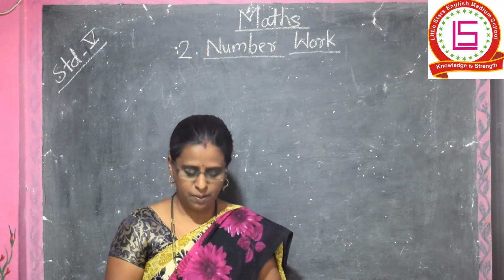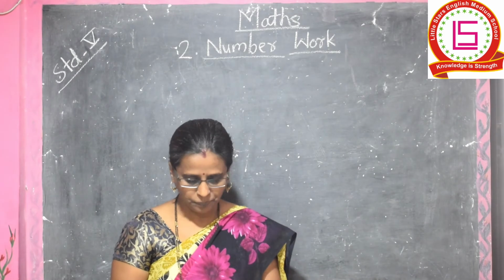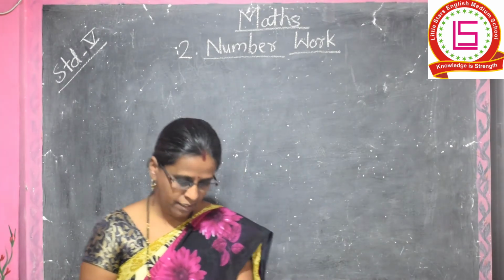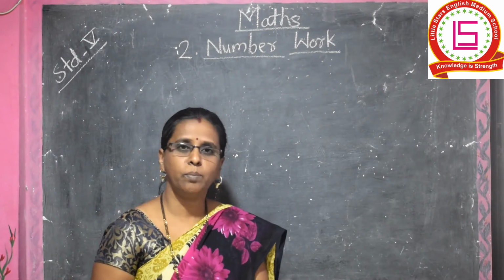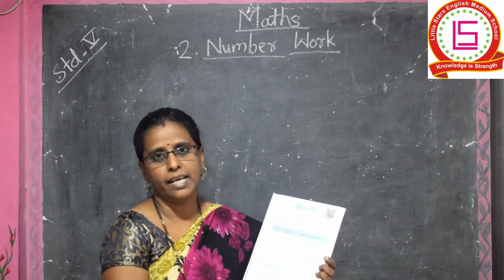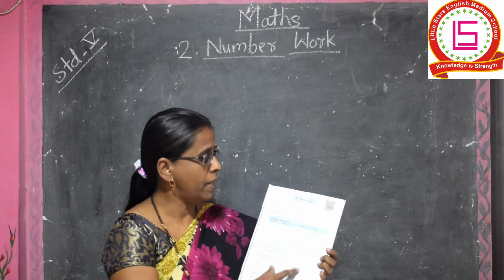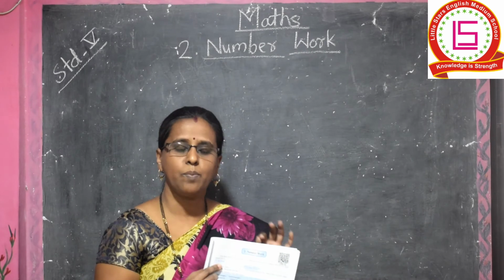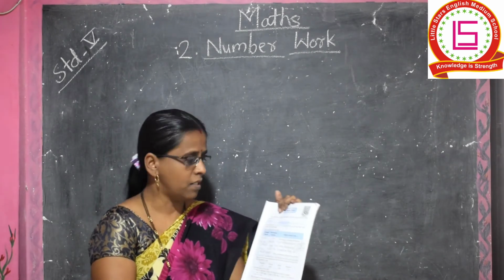Take out your textbooks and open page number 3. See the textbooks here. At the starting of the lesson, problem set 2 is given for you. This problem set is on the basis of your last year's studies.